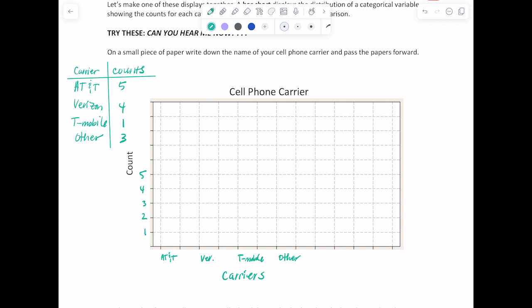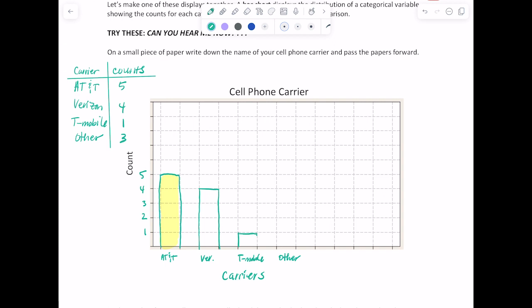I know that AT&T is 5, so I'm going to have a bar that goes up to 5, and I'm going to shade that in. Then Verizon is 4. I'll shade that in when I'm done.